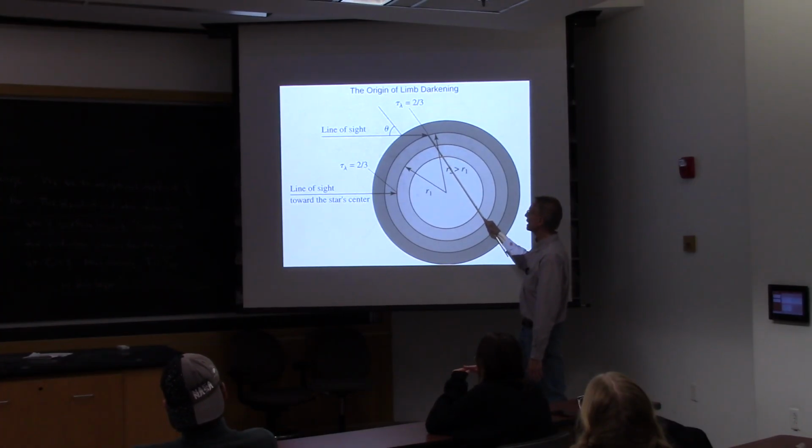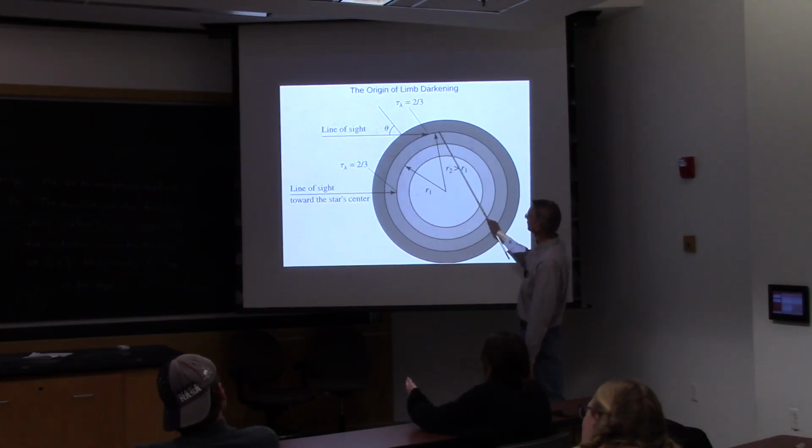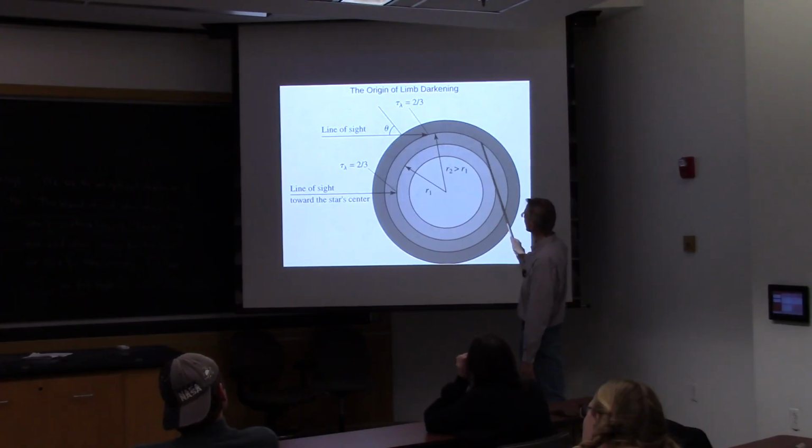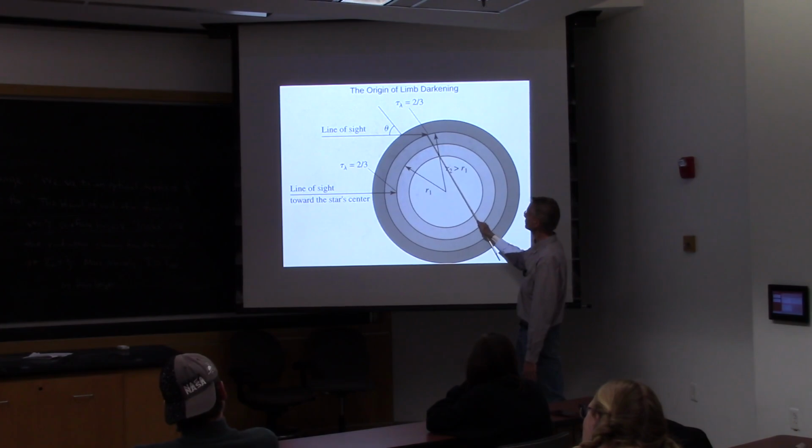But that's at a level that is higher than a vertical optical depth of 2/3. We only get down to this layer, which is further out than a vertical optical depth of 2/3.